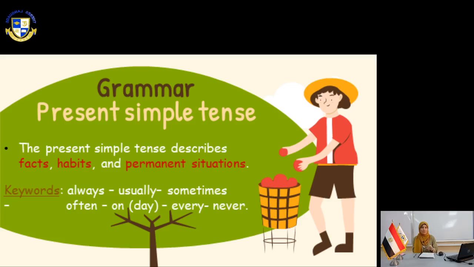The key words for the present simple tense are always, usually, often, sometimes, and never. Also every day, every week, every month, every year. Okay? Those are the key words for the present simple tense.